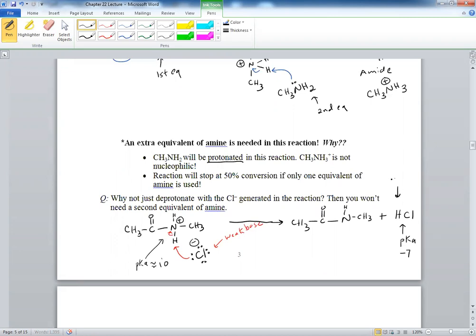This is a strong acid. This is a weaker acid. And if you recall from organic 1, the equilibrium always shifts toward the weaker side. So your equilibrium will be drawn this way. Let me erase this. So the forward reaction will be very small and the reverse reaction would be extremely large. So that's why the reaction doesn't take place.